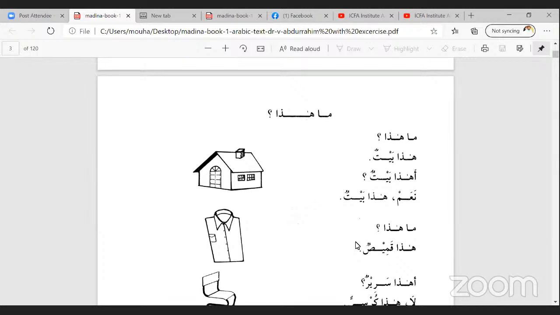Ma means what. هذا means this. And we said that is does not have a corresponding word in Arabic that is pronounced. So it is hidden, muqaddar. Ma hadha, what is this?